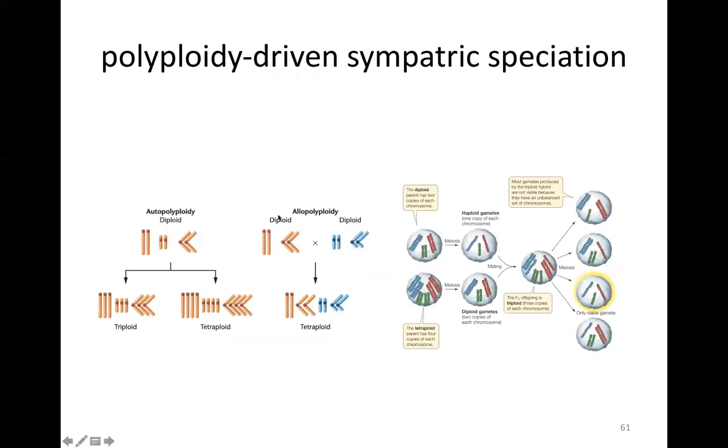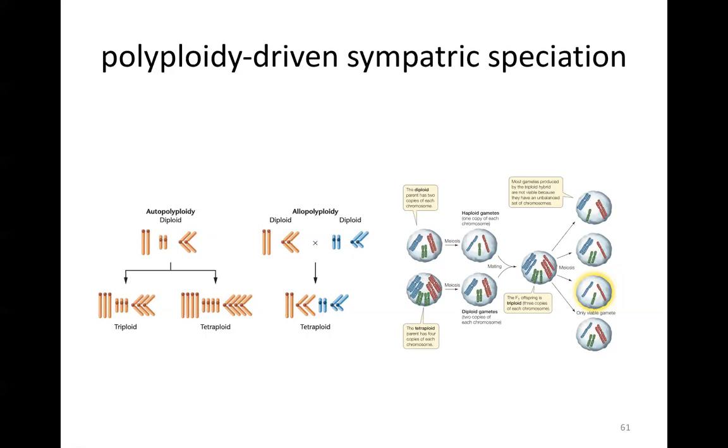Just a reminder of what autopolyploidy and allopolyploidy meant and why these usually lead to lack of fertile offspring. Why do they lead to sterility? Well, basically, if you have a triploid organism, for instance, when it's doing meiosis, the meiotic mechanism of separating homologous chromosomes assumes everything is even. That for each chromosome type you have two copies.